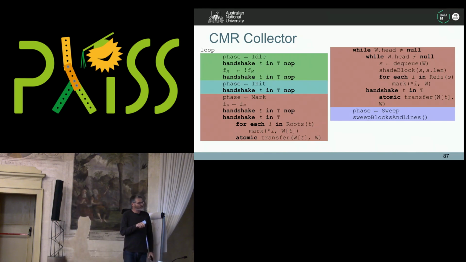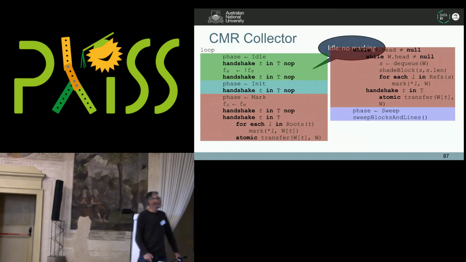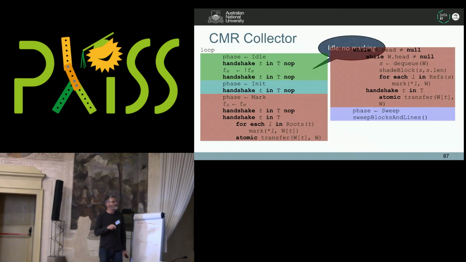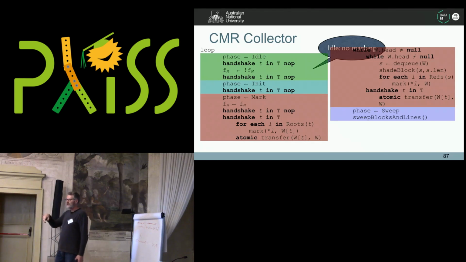So the first step we're going to do, in the idle phase, we're transitioning from the idle phase to an initialization phase for the collector. So before we do that, we're going to flip the sense of the mark flag. Now remember when I described the collector earlier with the mark and sweep portion, where we went through the heap and we changed all the black objects to be white?